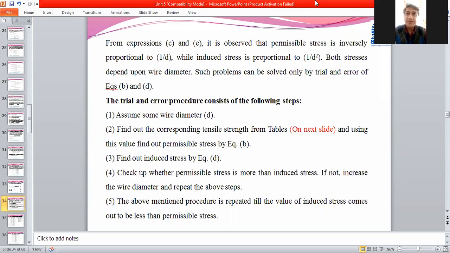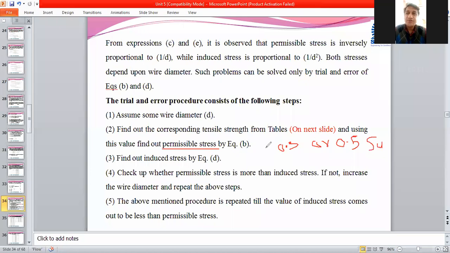This wire diameter relationship with the tensile strength has been provided, and using this value we have to find out the permissible shear stress by means of the equation which we have derived previously. That is nothing but 0.3 of ultimate tensile strength or 0.5 of ultimate tensile strength. Whichever equation you want to use, we have to use that. 0.5 or 0.3 of SUT.